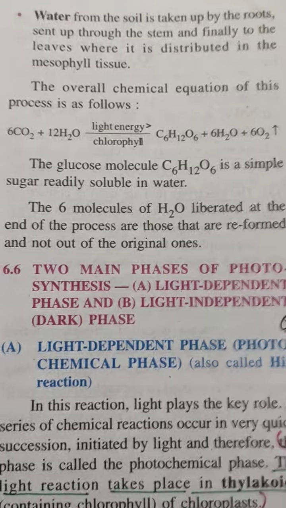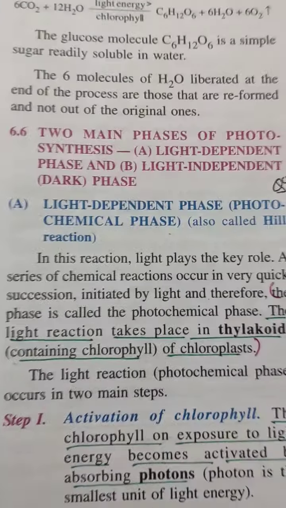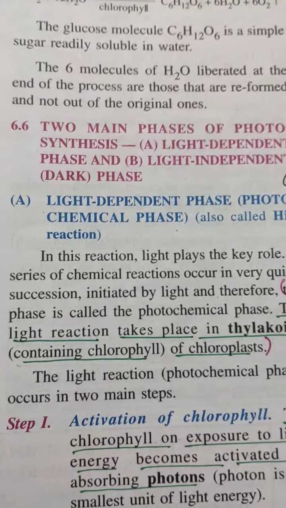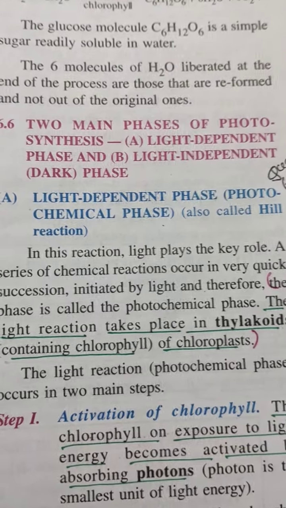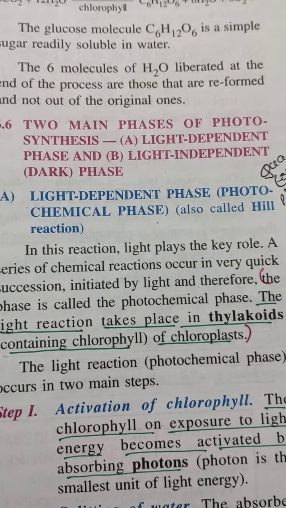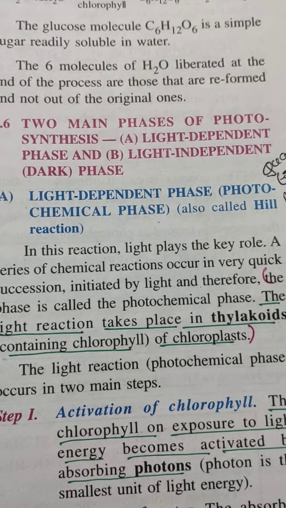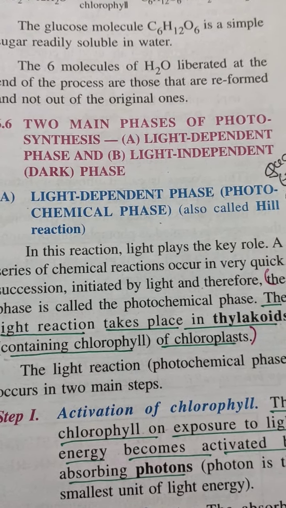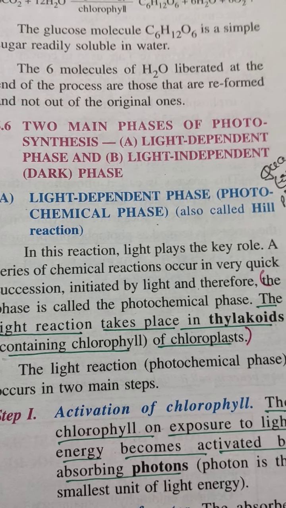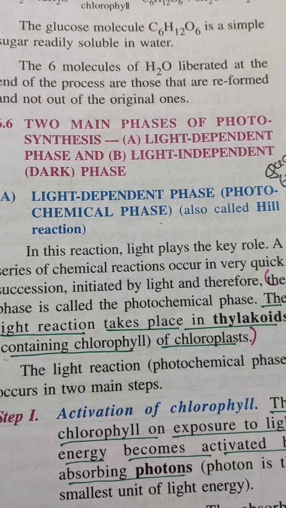Now, there are two main phases of photosynthesis. One is the light dependent phase, another is the light independent phase. Light dependent means without light it cannot happen, and light independent, which we also call the dark phase, actually means it is independent of whether light is present or not.